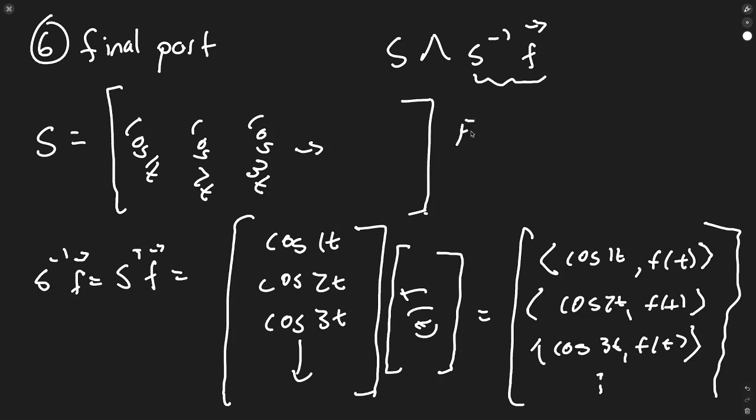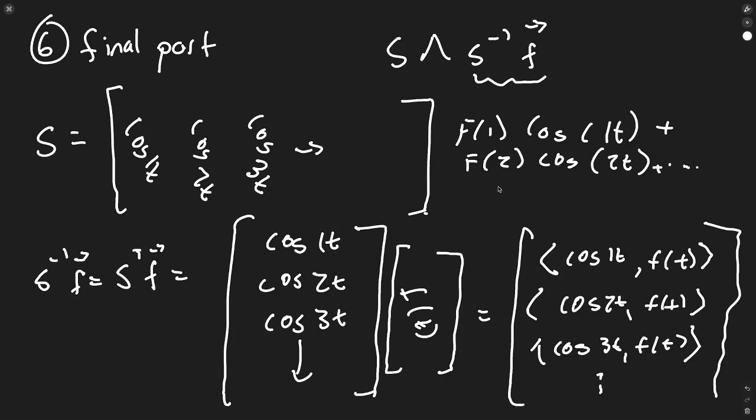So f of 1 times cosine of 1t, plus f of 2 times cosine of 2t, and so on, is going to be equal to f of t, right? And that's all we really wanted to get to, and why Fourier analysis is so amazing: it has all three of those properties. So thanks a lot.